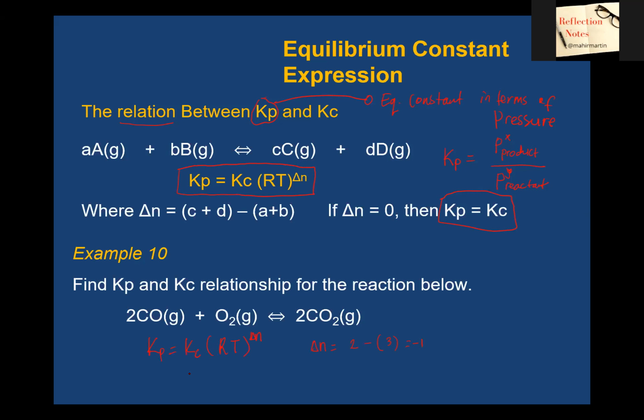So when you put here Kc (RT) to the power minus 1, what will be the last result? The last result will be Kp is equal to Kc over RT. So this is the relationship.